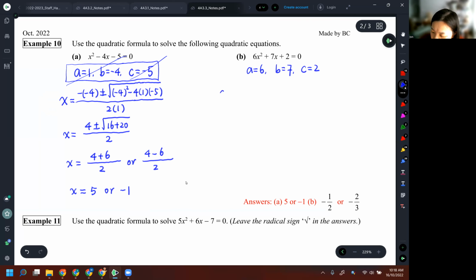So the two roots are negative b plus or minus the square root of b squared minus 4ac, divided by 2a.